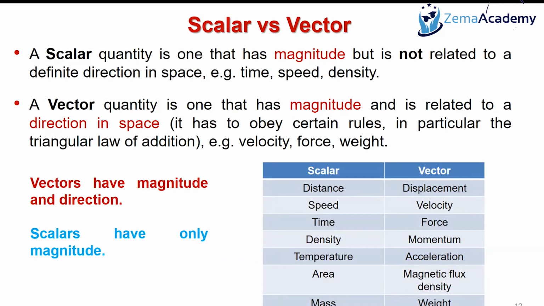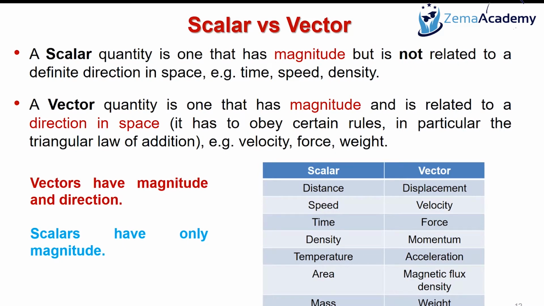Scalar and vector. Often when you are studying this topic of vectors, you will come across these two quantities defined as scalar or vector, and how you differentiate them is very important. In the case of a scalar quantity, you have a magnitude, but you don't have any specific direction. For example, time, speed, density.